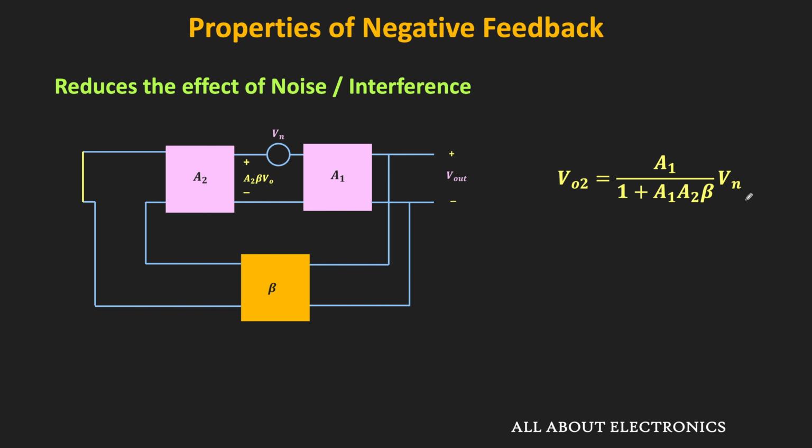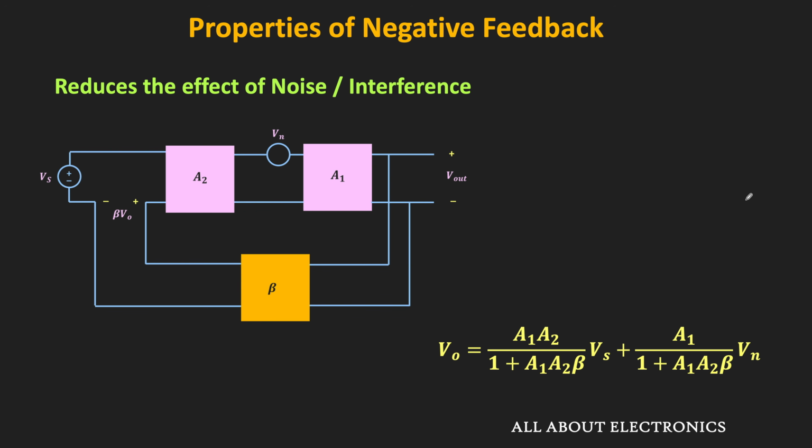That means now, the overall output voltage of this amplifier is equal to VO1 plus VO2. And as you can see, it can be given by this expression. So in this case, the first part represents the amplification of the input signal, while the second part represents the amplification of the noise signal. So here, if we take the ratio of these two parts, then we will get the signal to noise ratio of this amplifier.